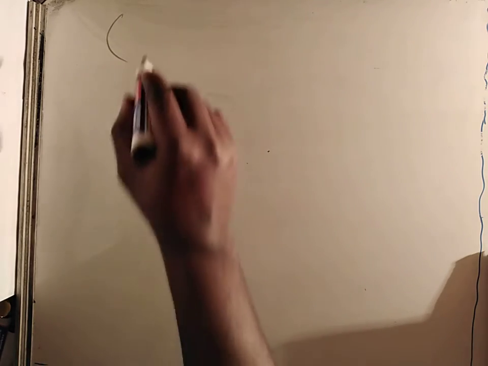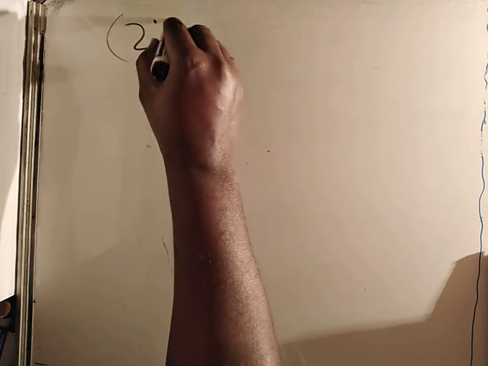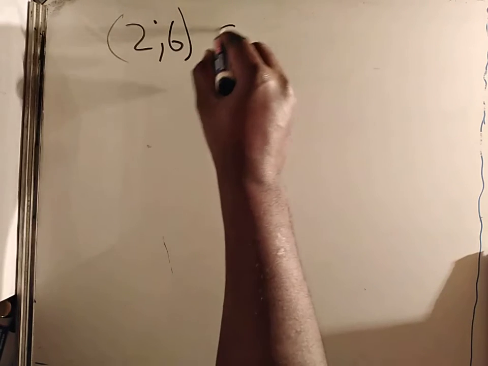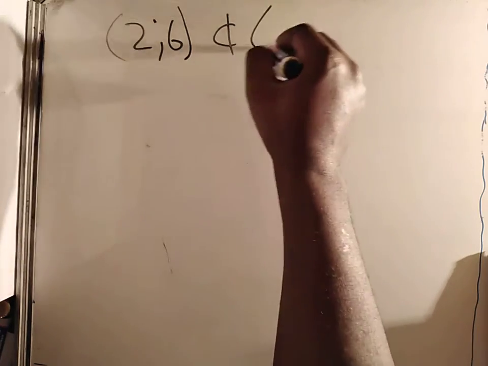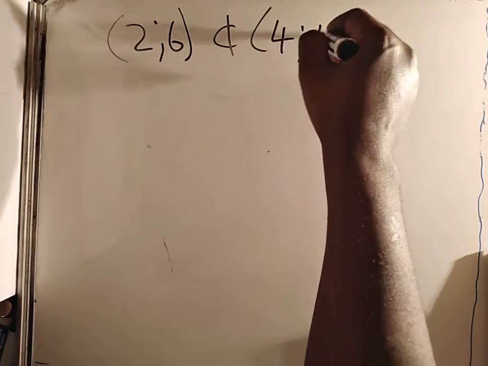Let's say we are looking for a midpoint between the following points: the point that has 2 versus 6, and another point being 4 versus 4.